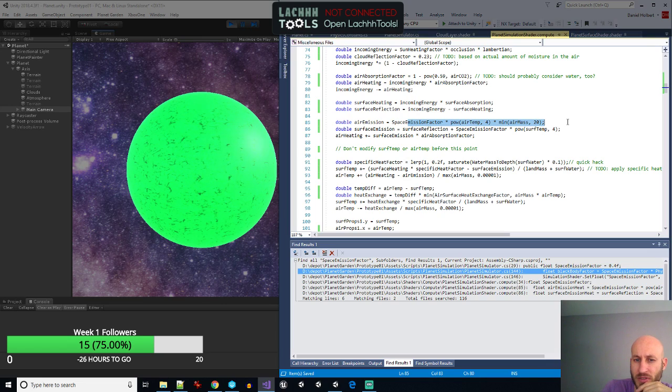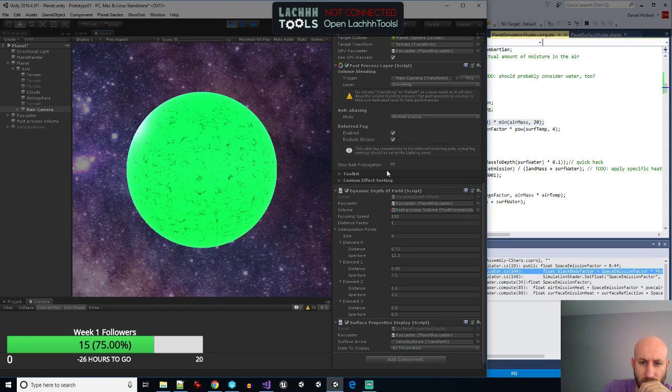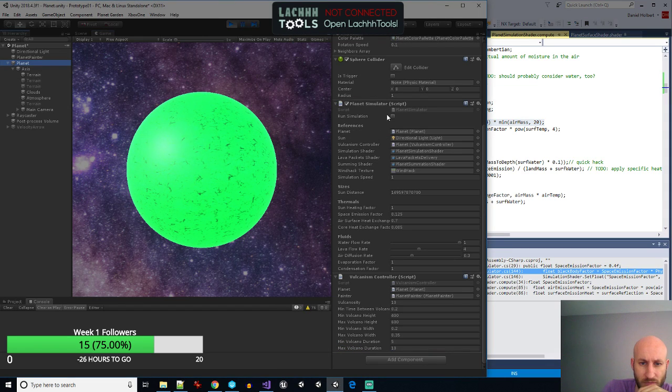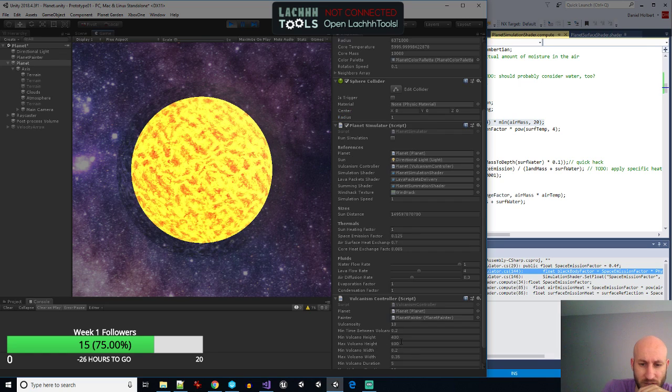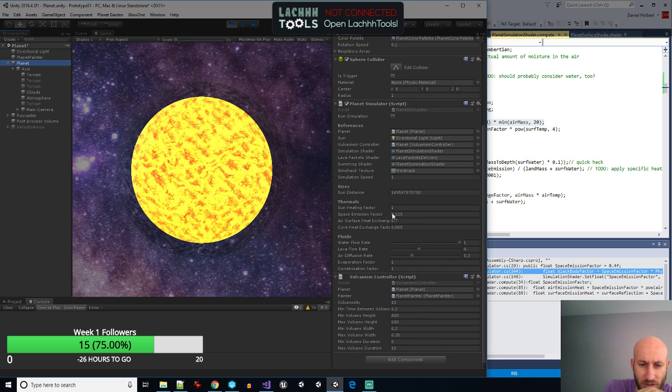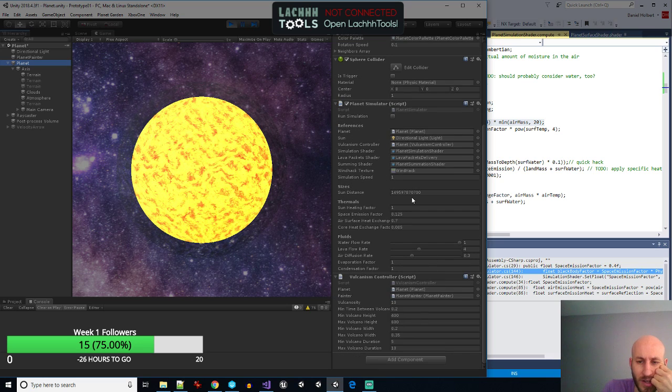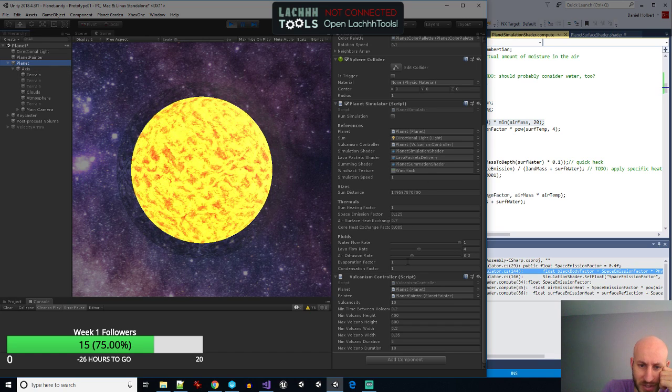It's a little bit of a mystery. But then if I simulate for just a moment, it's still a lot cooler in the land, so it could be some weird optimization that the shader compiler is doing that makes it not able to handle larger numbers. I really don't know.